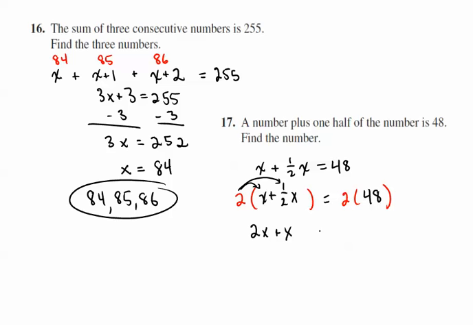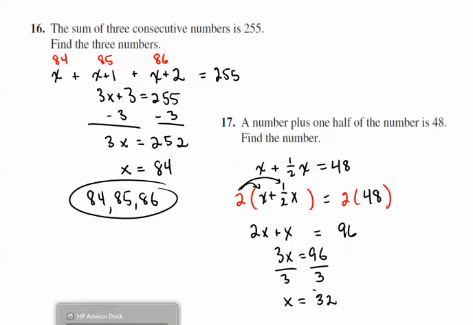So we end up with 2x plus x is equal to 96. 3x is 96, and x would be equal to 32. So half of 32 is 16, and 32 plus 16 is 48. And so that's going to be our number that we're looking for there.